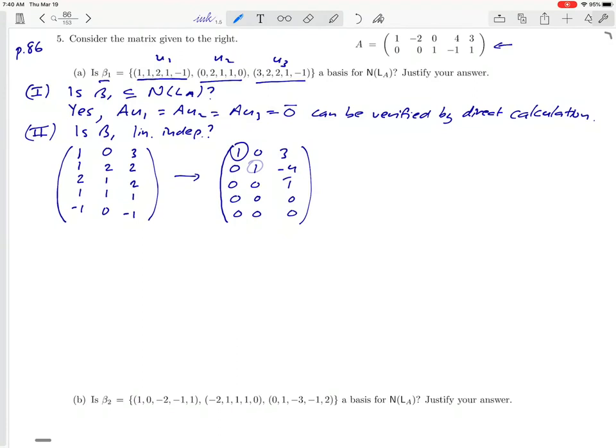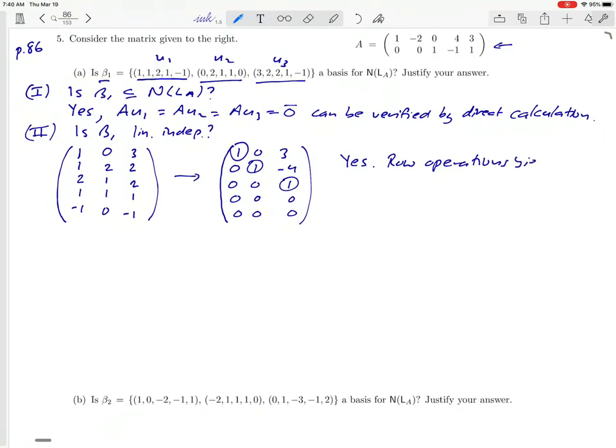Notice where the pivot columns are. We have a pivot in every column in this case, which means that if you think of this as the coefficient matrix of a system, we don't have any free variables. That tells us that the columns of this matrix are linearly independent. Okay, so the answer to the question that we asked is yes.